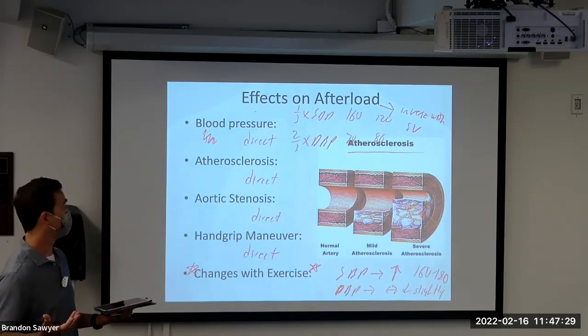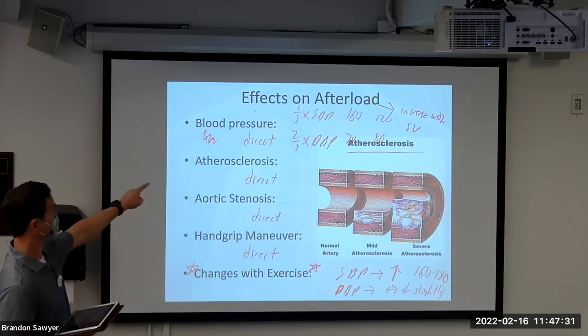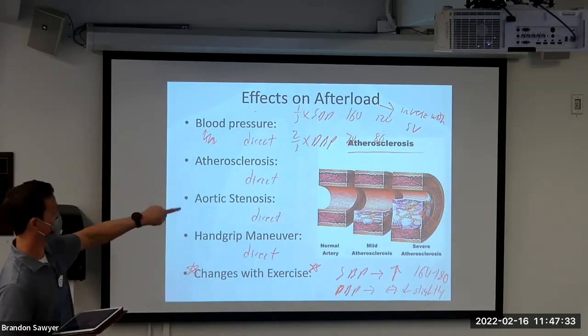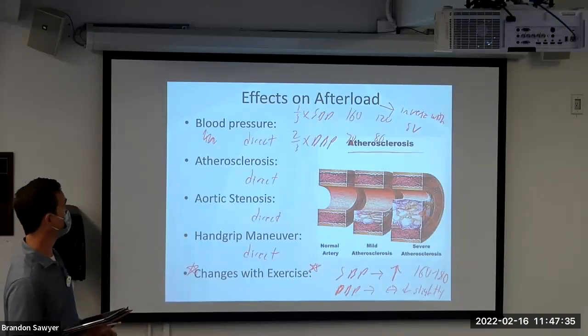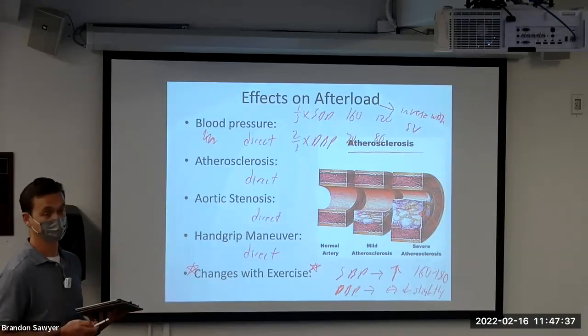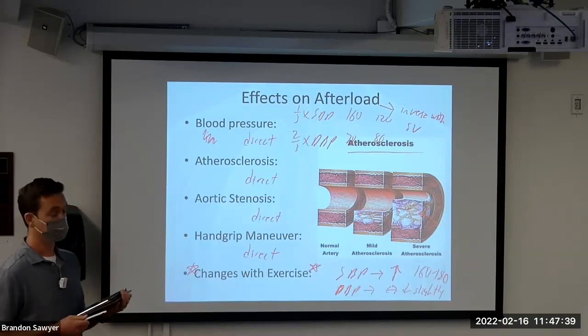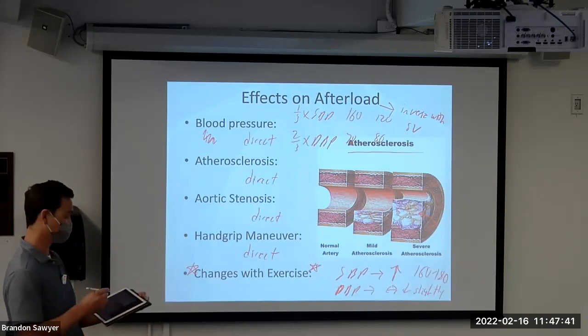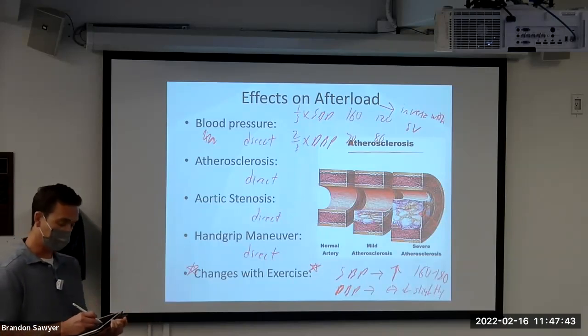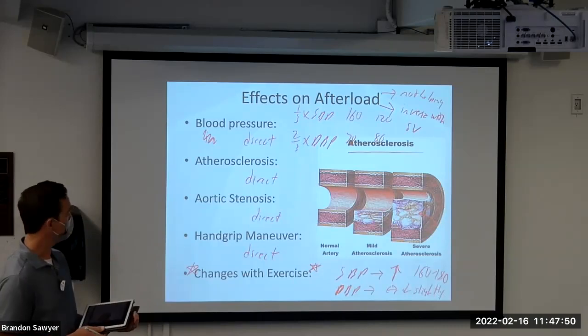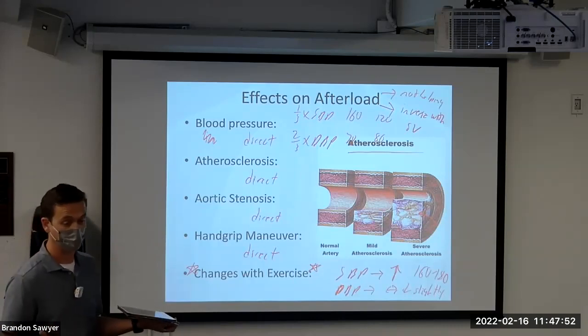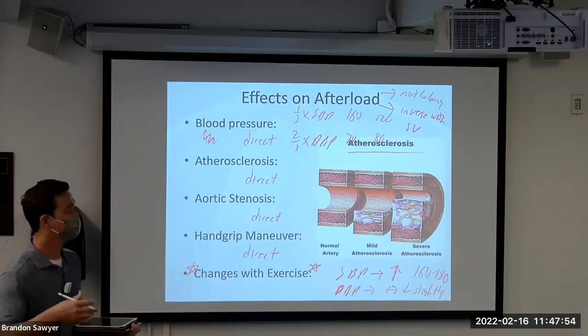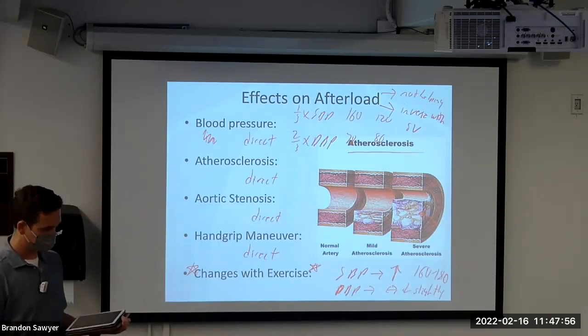So it's kind of both ways, but when we're just looking at the effect of the afterload itself on stroke volume, that actually has an inverse relationship with stroke volume. Kind of confusing for sure, but in general, when we look at afterload, we think of it as not directly helping our stroke volume, but the increase in blood pressure is necessary for end diastolic volume too.